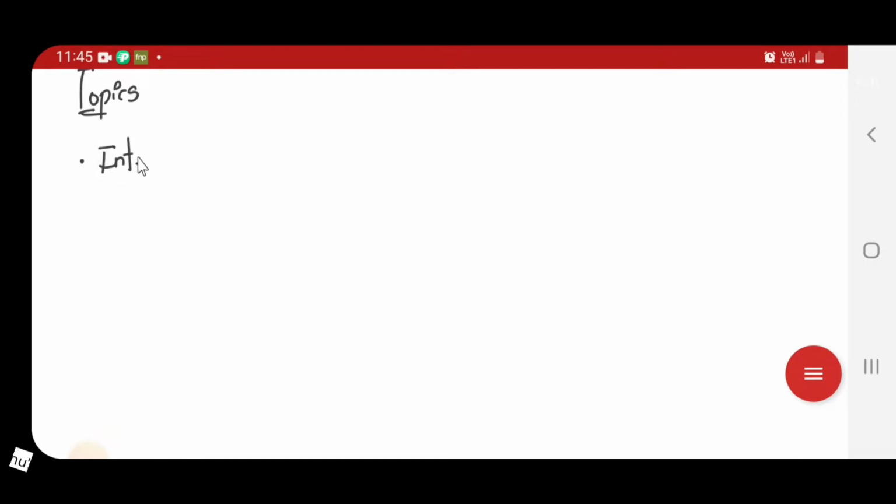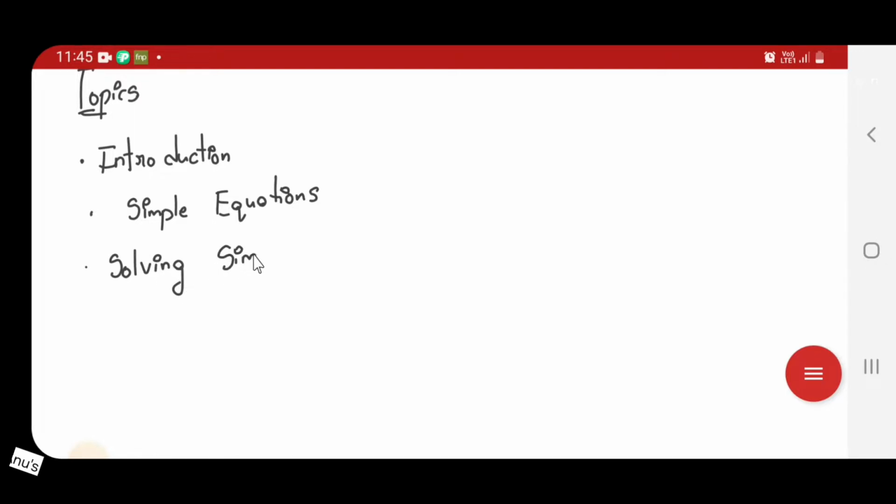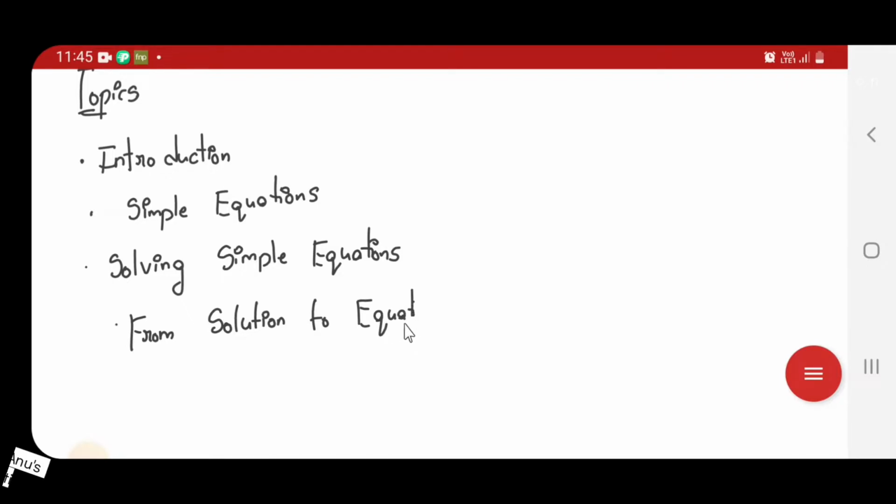First one, introduction, and second one is simple equations, and third one is solving simple equations, and fourth one is from solution to equation. Next, applications of simple equations.